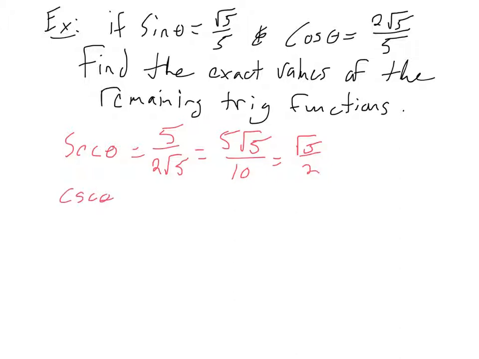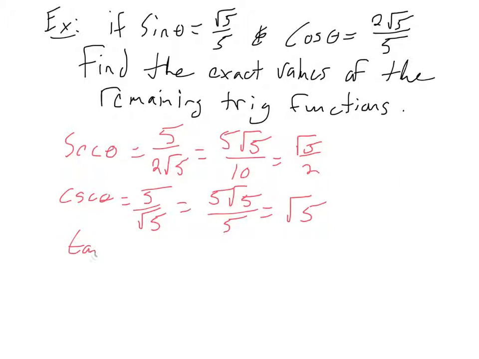Cosecant theta is going to be the reciprocal of sine theta, so 5 over square root of 5, which if I rationalize the denominator is 5 square root of 5 over 5, or just the square root of 5.